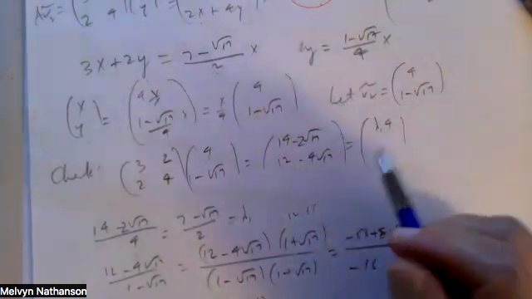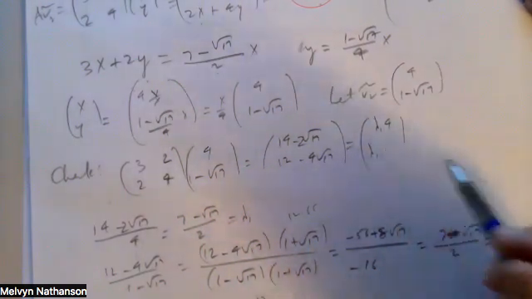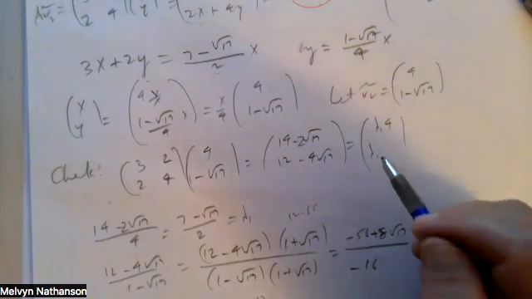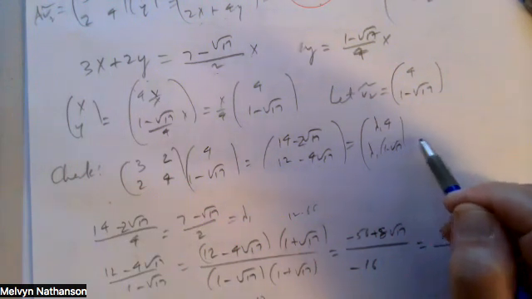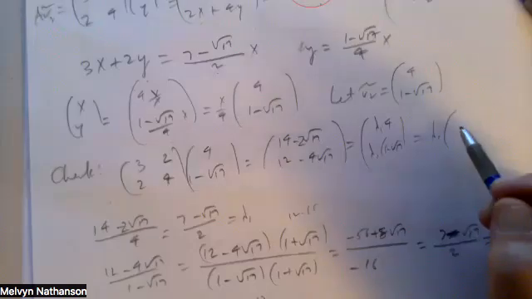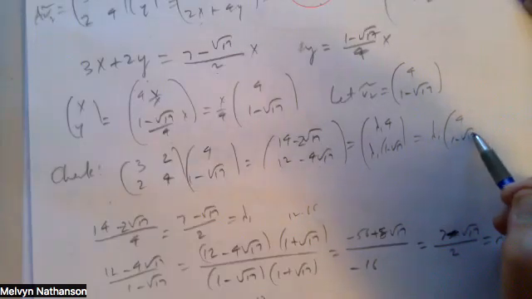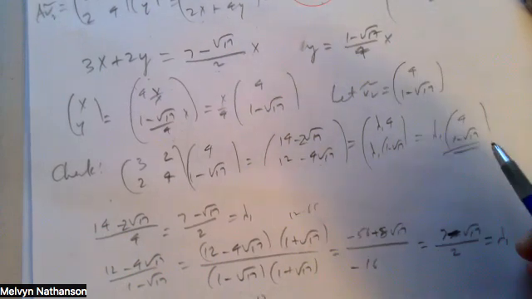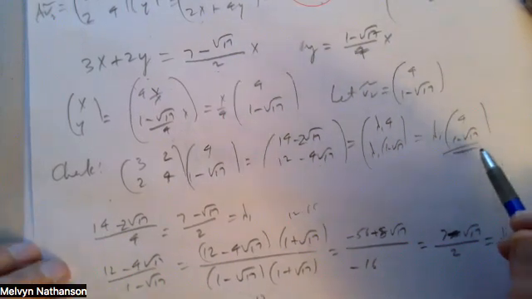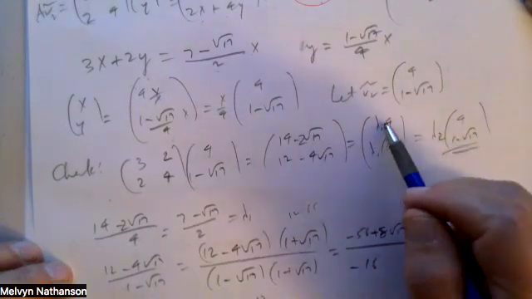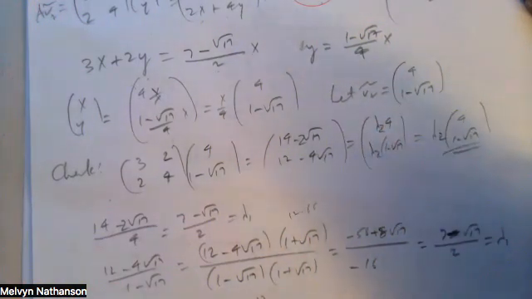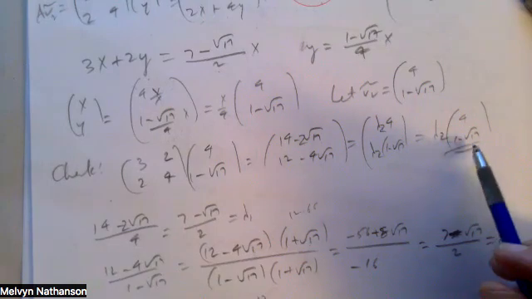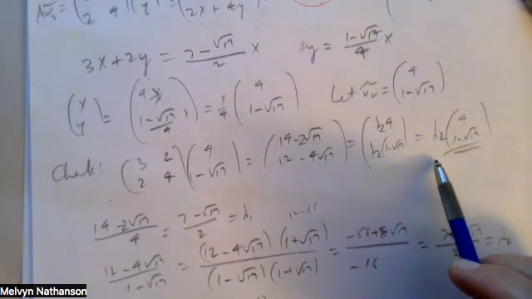So this is equal to lambda 2 times 1 minus root 17. So this is lambda 2 times the vector (4, 1 minus root 17). And this is good. This is the check that this is an eigenvector with eigenvalue lambda 2.